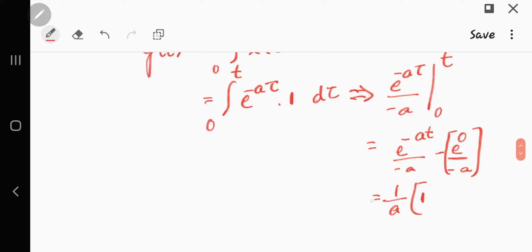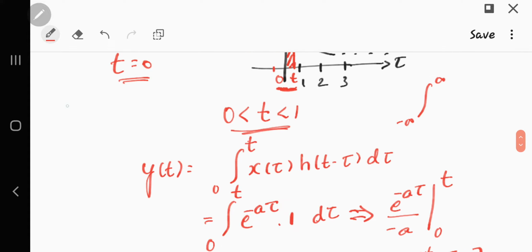Since I have taken 1 by a as common outside, this becomes 1 minus e power minus at. This is y of t for the second case. You can take this as case 2.